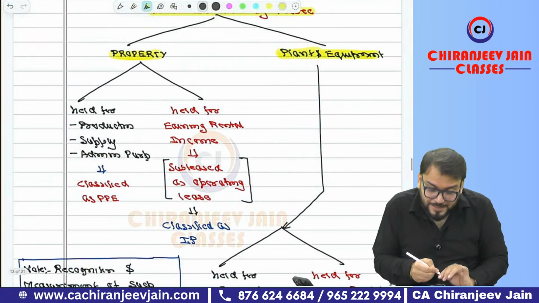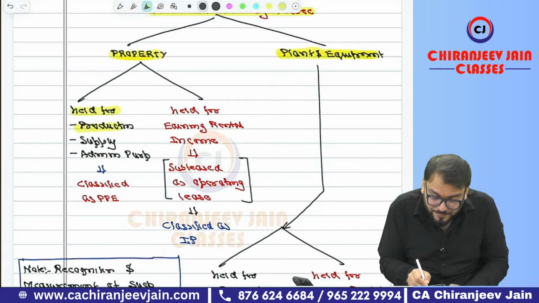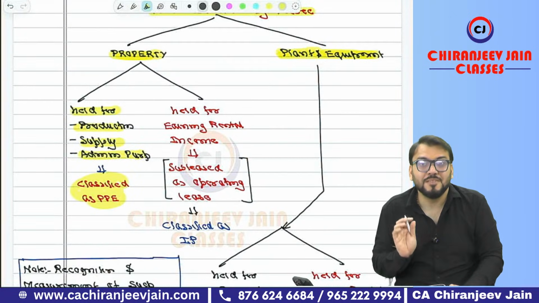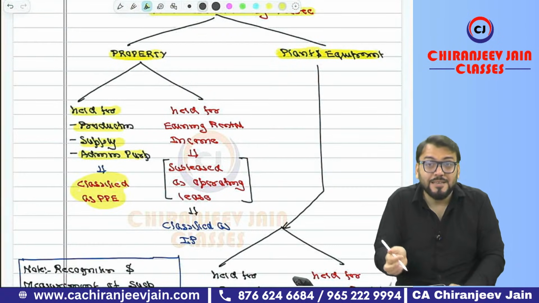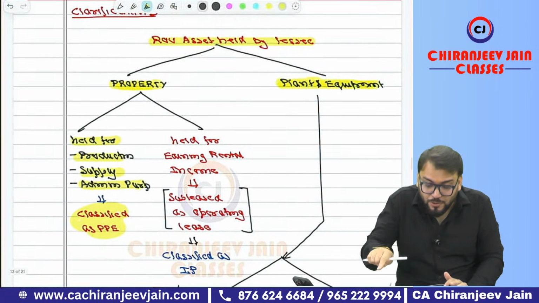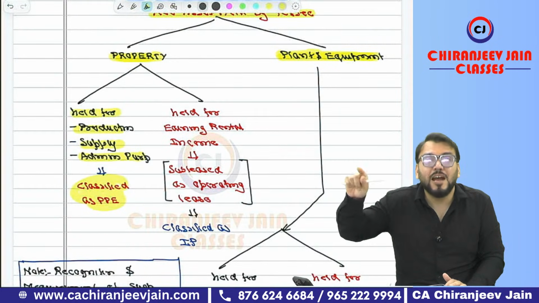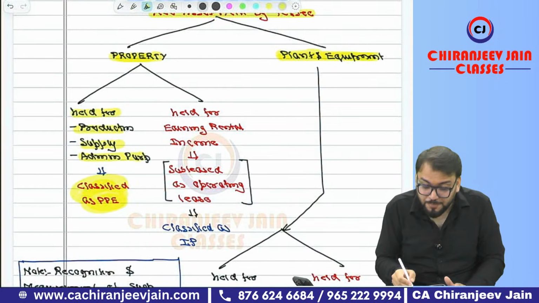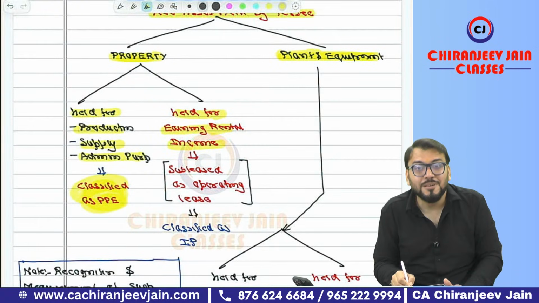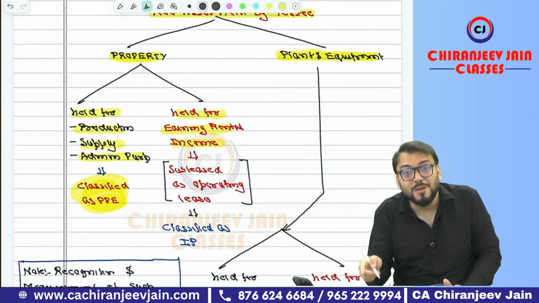Now, if that property is held for production, supply, or admin purpose, then it is classified as PPE. Understood? If that property held by the lessee as an ROU asset is held for production or supply or admin purpose, then it will be classified as PPE. But if it is held for earning rental income, means that property is given on operating lease.